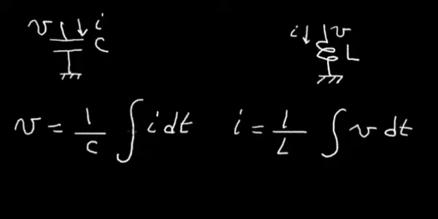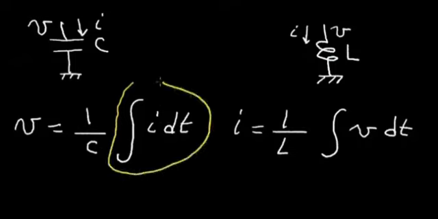Now notice the equations between the capacitor and the inductor are of a very similar form. For the inductor, the L replaces the C, and current and voltage are swapped. So what does this term mean? Integral of I dt. Let's investigate that.